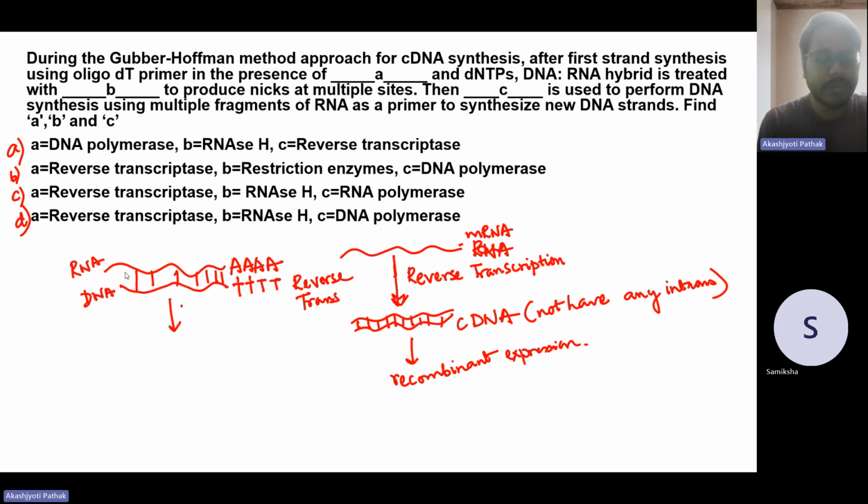Then for degrading the RNA from an RNA-DNA hybrid, you need the RNase H. Once you add RNase H, the RNA fragment will get degraded, and then DNA polymerase is used for synthesizing a complementary DNA sequence. So this is how you get the cDNA. That is what is explained here.